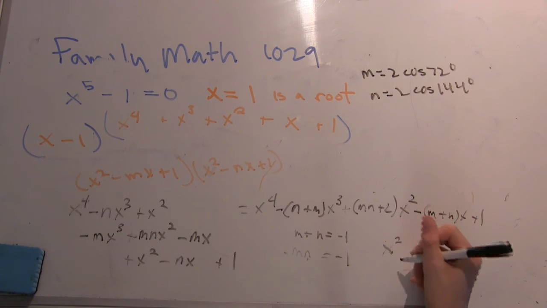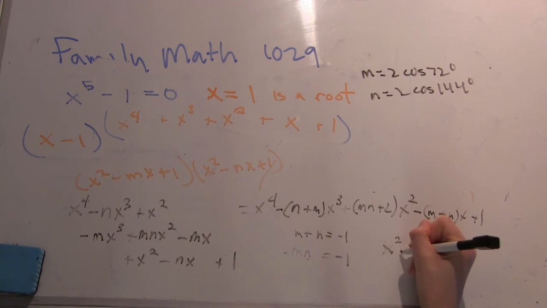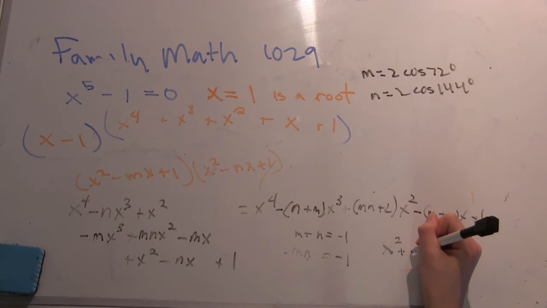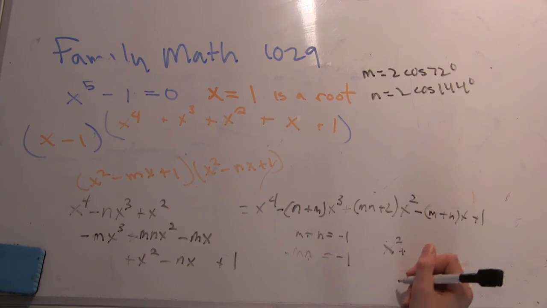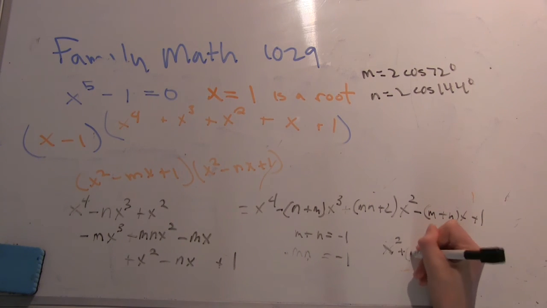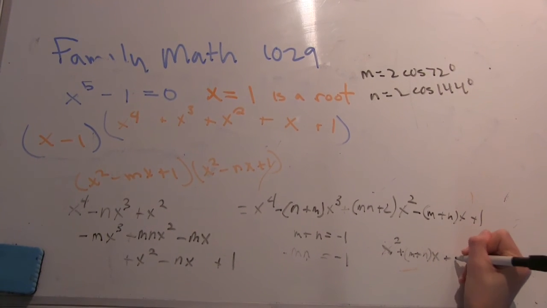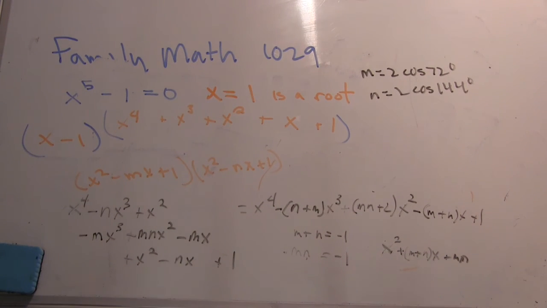That would be x squared plus (m plus n) x plus mn, right? The roots would be m and n. Well, almost. There's one little mistake in that quadratic.